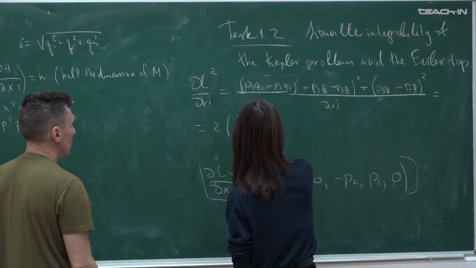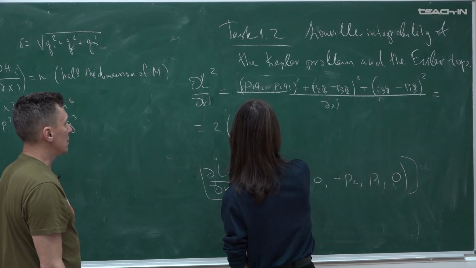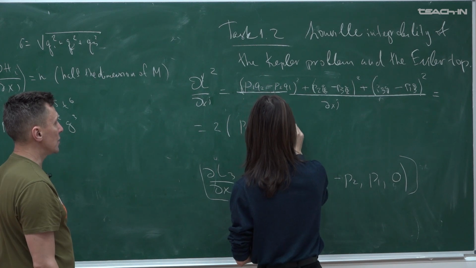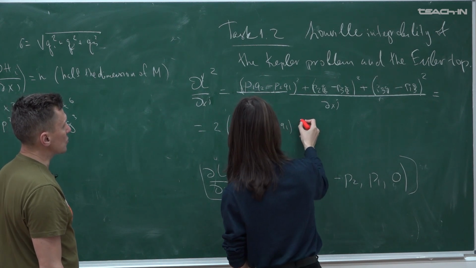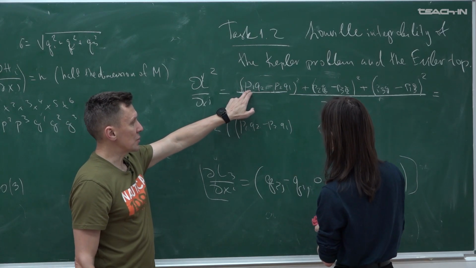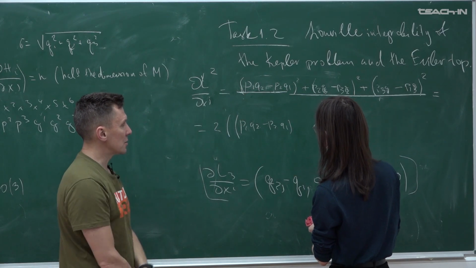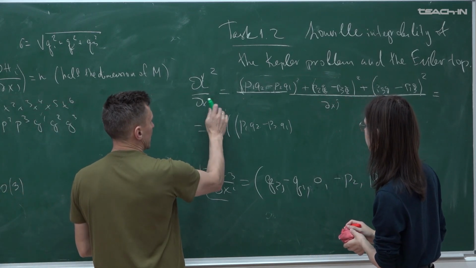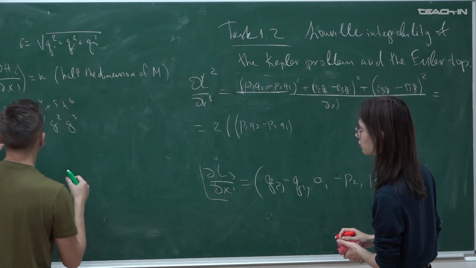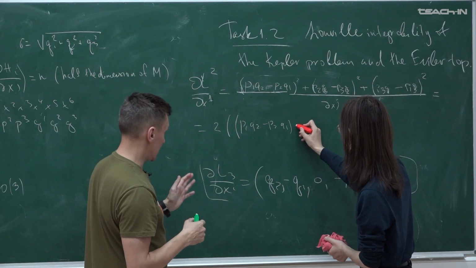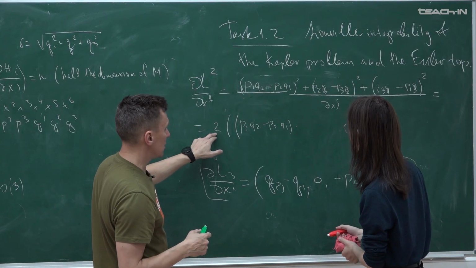P1 Q2, Q2 minus P2 Q1 multiplied by Q2. When we differentiate over P1, it is multiplied by Q2. We calculate by x1, which is P1. Yes, this square.